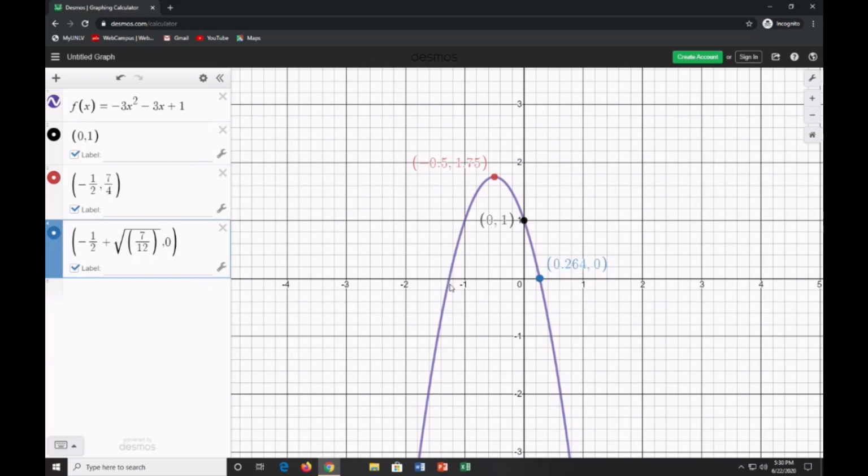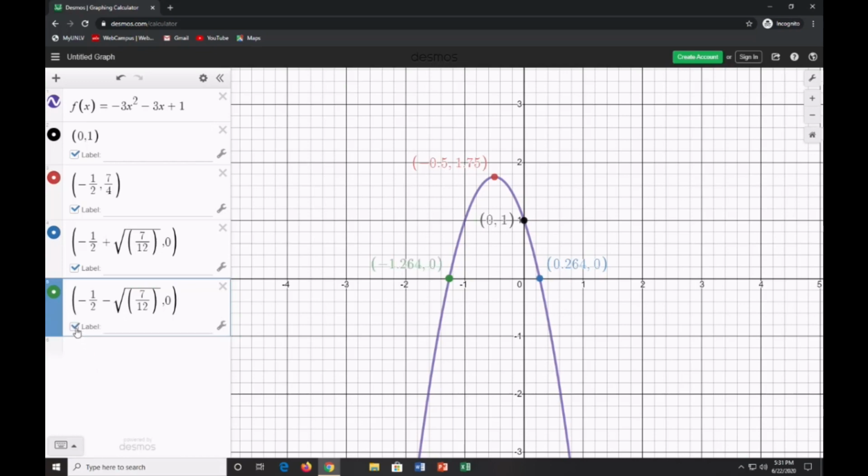And let's snap to this x-intercept on the negative side of the x-axis. So that was -1/2 minus square root of 7/12, and then comma, of course, 0. And you can see the green dot there.